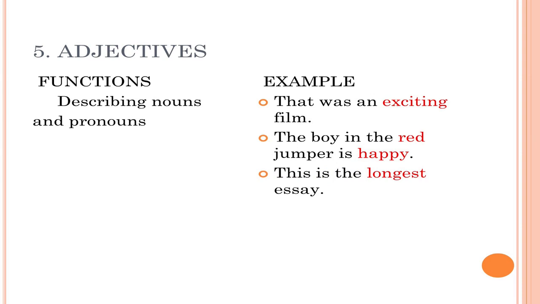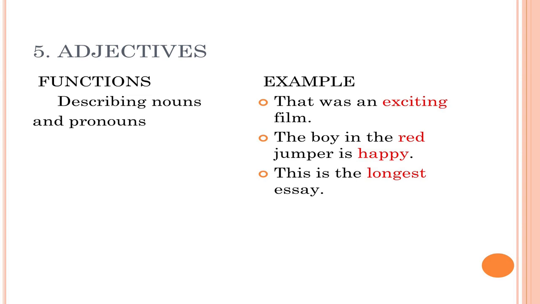Next, we look at adjectives. Adjectives are descriptive words. They are words that describe nouns and pronouns. What adjectives do in particular is that they tell us more about a noun. An adjective will help you to identify a noun from a lot.